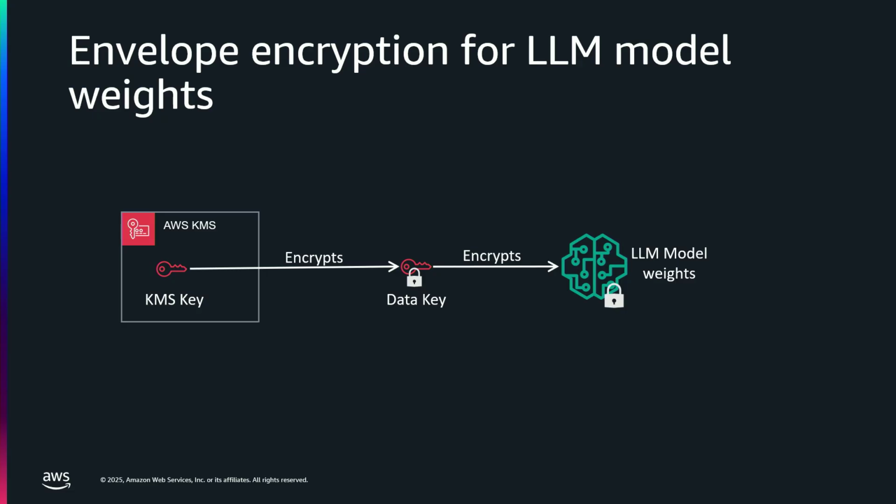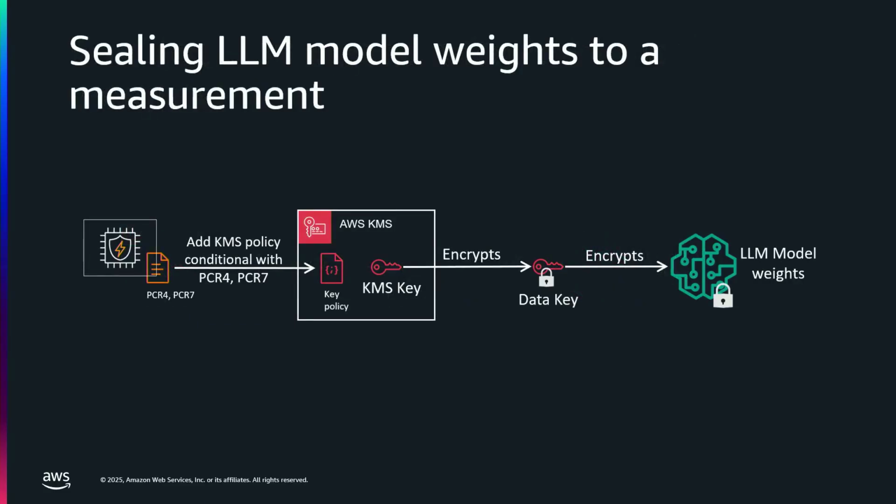Beyond just encrypting them, because we're talking about confidential computing environments and we have a nice little tool called attestation at our disposal, we'll seal the model weights to the measurements that you saw in Alex's talk. These measurements represent the confidential computing environment, the isolated compute environment that you have built. So you went through the build flow, you built an attestable AMI, and one of the things that came out of the build process is measurements that represent this AMI.